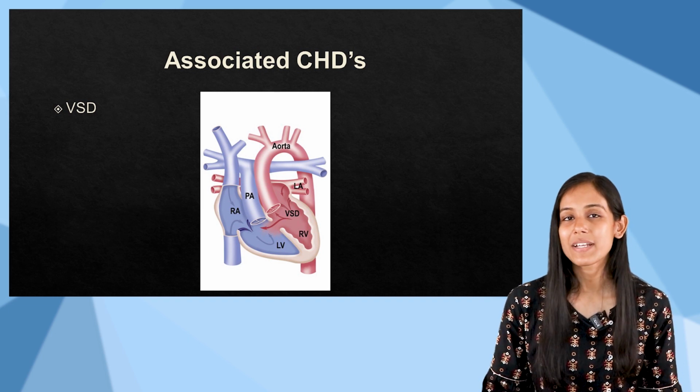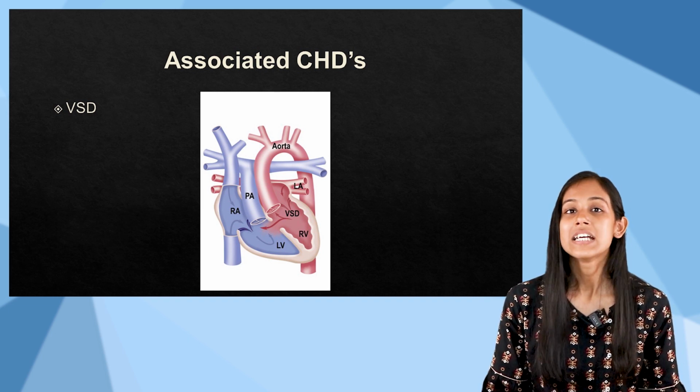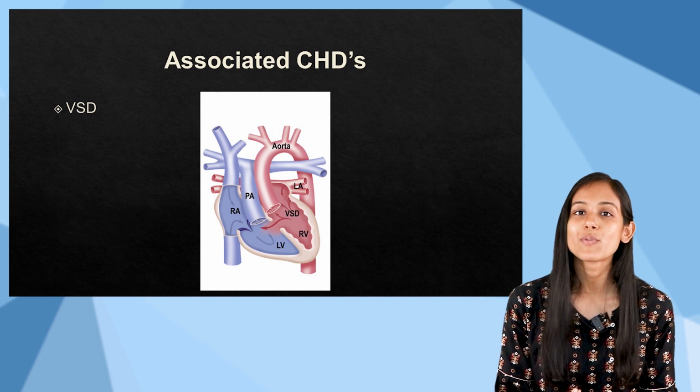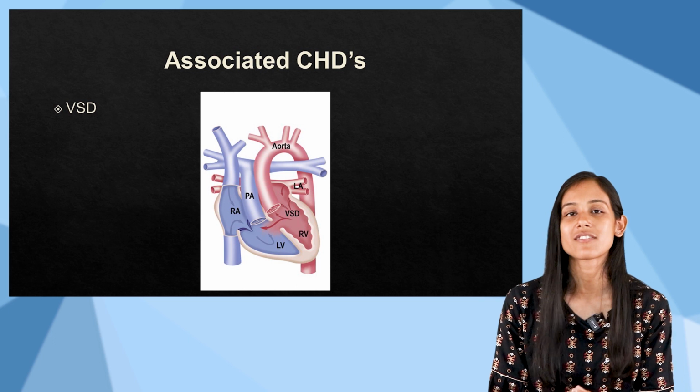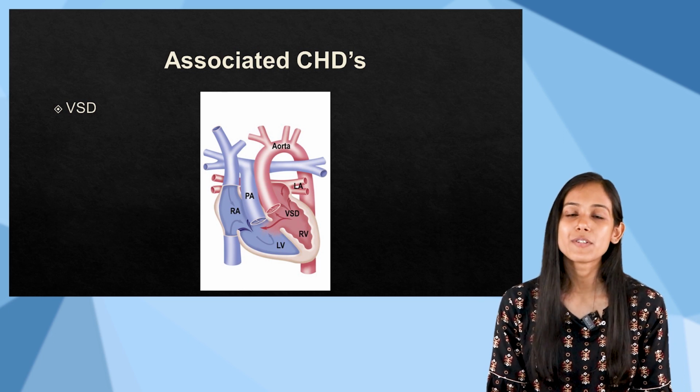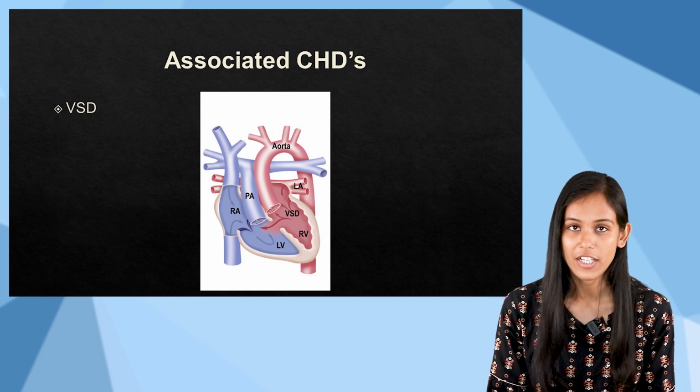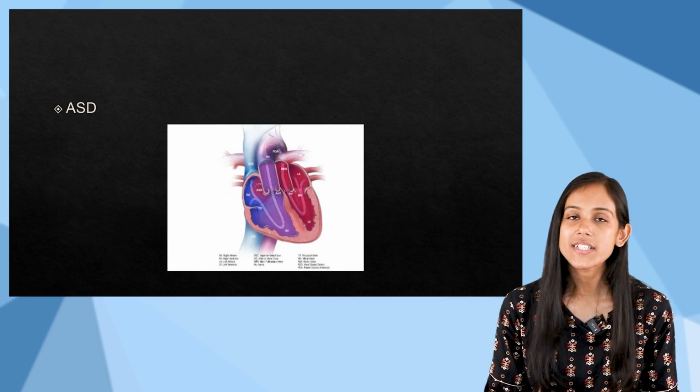But if this mixing happens, then some of the oxygenated blood would enter the systemic circulation, and also some of the deoxygenated blood would be able to enter the pulmonary circulation.